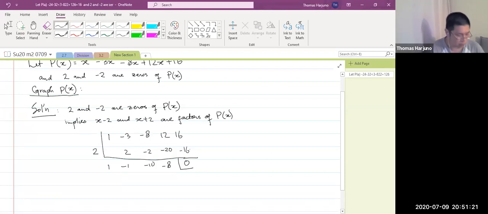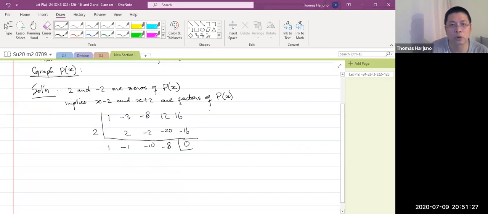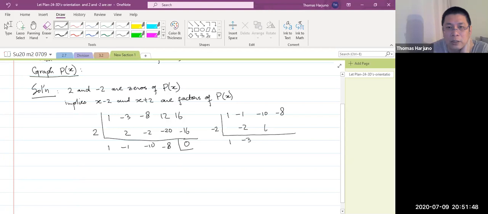Now the nice thing about this is, I can continue from that last row, 1, -1, -10, -8, and go further because -2 is also a 0. So I reduce that even further: 1, -2, -3, this is 6, -4, 8, 0. What does it mean?